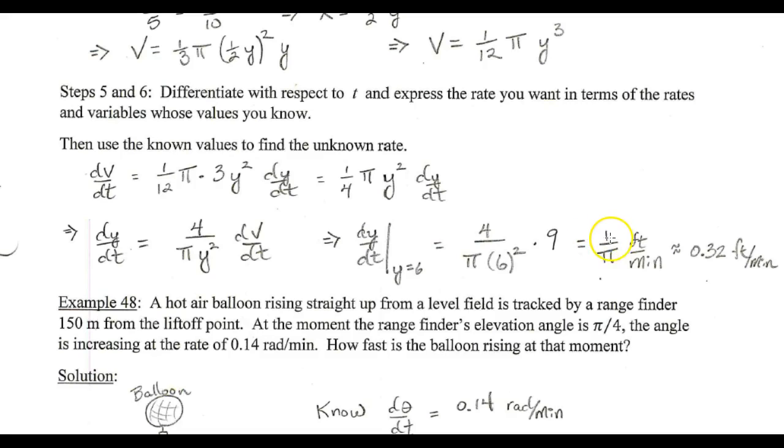This comes out to be 1/pi. I know the units there would be feet per minute. So 1/pi is about 0.32 feet per minute. That's how the depth of the water is changing as the water level is rising. For 9 cubic feet of water per minute coming into that cone, the depth of that water is increasing at a rate of 0.32 feet per minute.